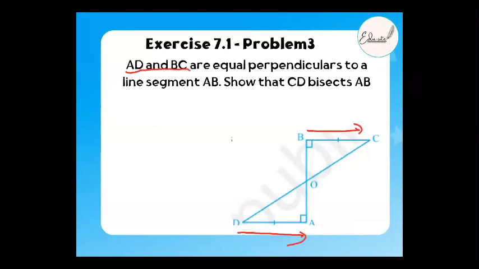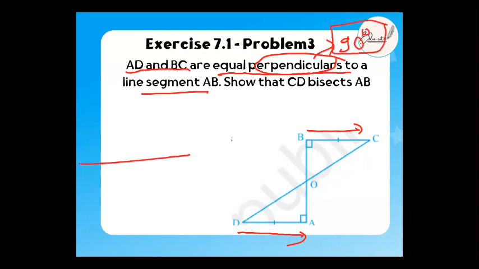Next उन्होंने क्वेश्चन में पूछा है they are equal perpendiculars to a line segment. Perpendiculars का मतलब क्या होता है? What is perpendicular, beta? Perpendicular means they are 90 degrees to each other. If a perpendicular is drawn on a line, it is nothing but a 90 degree angle create कर रहा है वो. Okay.